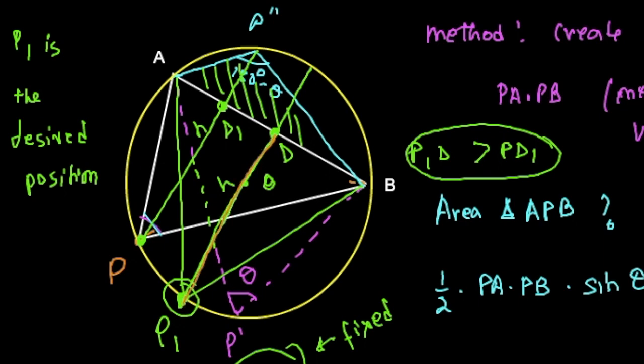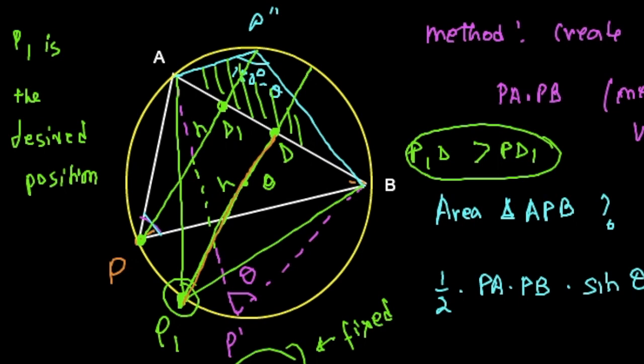If AB itself is not a diameter, then there will be a longer and a shorter portion, so you have to take the position of P which makes it the longer one.